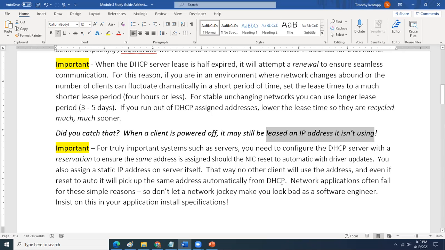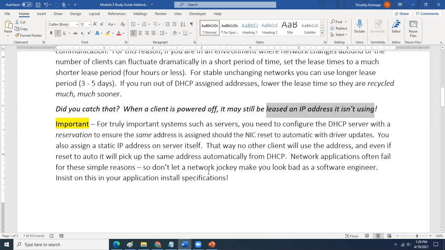If they're no longer connected, they're still taking up an IP address. You have to automatically recycle these, right? No other client can use the address, even if it's set to automatically reset, unless that DHCP criteria is set properly, okay?